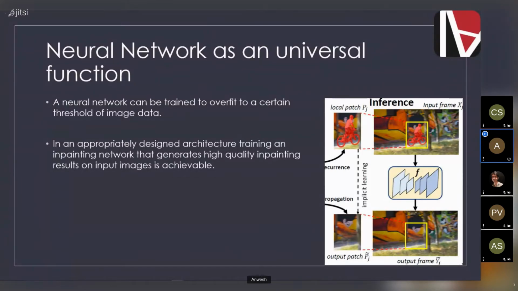But here, if the architecture is properly designed and it is overfit properly on the training data, then the inpainting network generates high quality inpainting results on the input images. So we have to design a neural network that can be trained to overfit to a certain threshold. And if we overfit too much, then again there will be a problem like in the general cases.